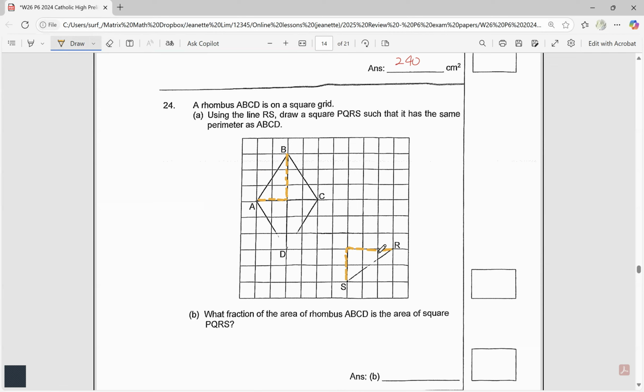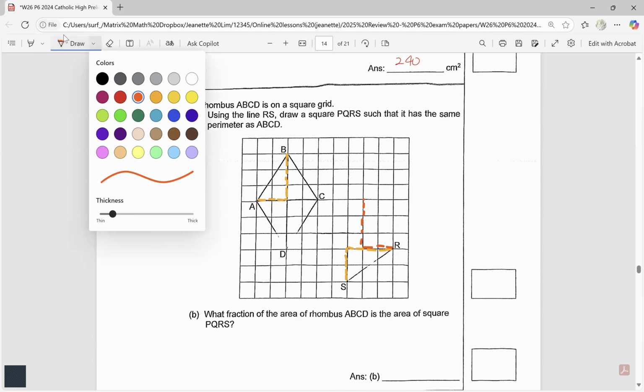So the next thing to do is how do you draw a square using the same sides? For a square, the sides have to be perpendicular. So for SR to cut that way, you need to cut across in the same manner. So for the perpendicular line, instead of cutting across 3 to the left, we cut 2, and then we go up 3. Then that's your next point.